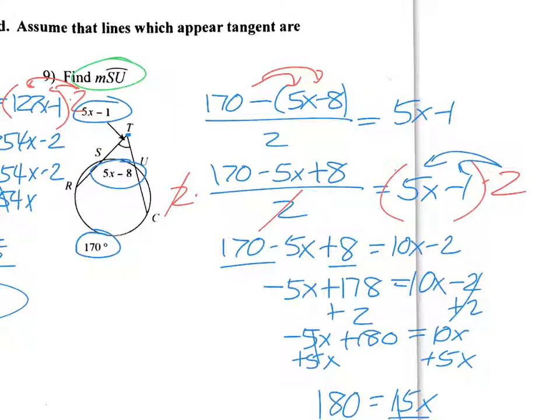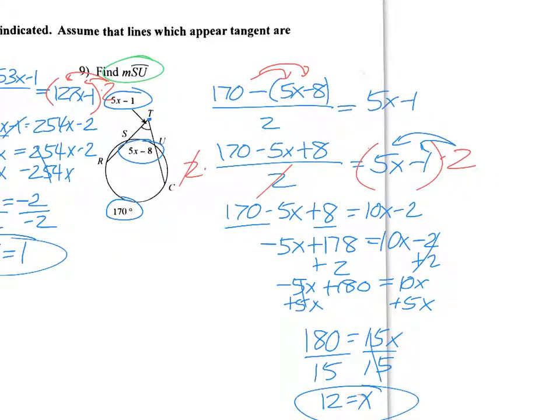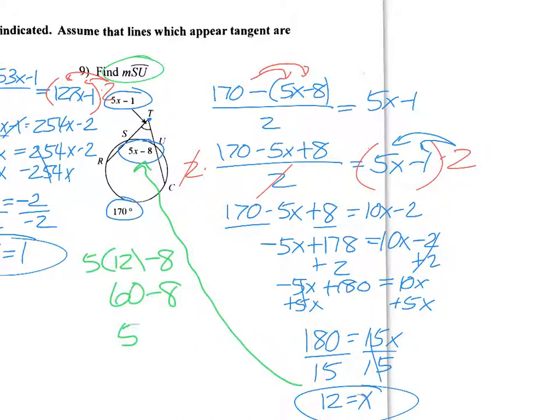So I'm going to take 12 and plug it in. So I have 5 times 12 minus 8. 60 minus 8 is 52. That's my answer. Now, again, a good idea would be to go back and plug it in here. So if I plug 12 in up here, that's 60 minus 1 is 59.